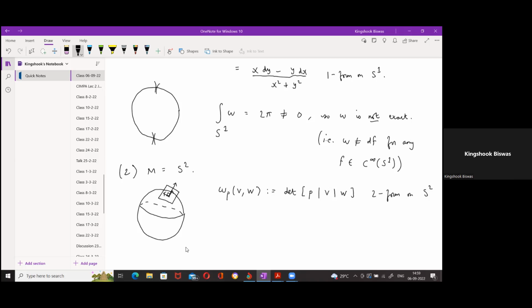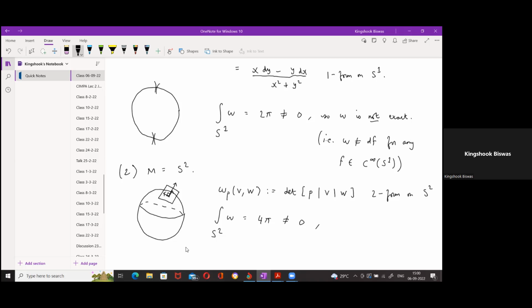So integrating this form is going to give me the area of S2. So the integral of omega over S2 is going to be 4 pi. All right. So you can try and work out this calculation. Again, this is non-zero. And you can show this form is closed but not exact.